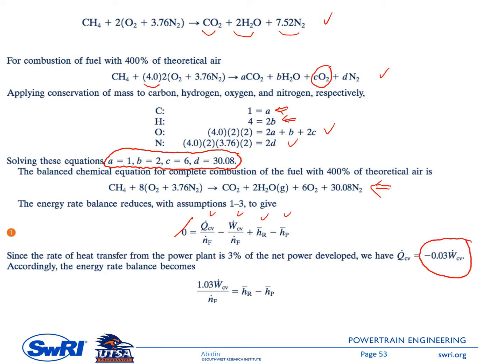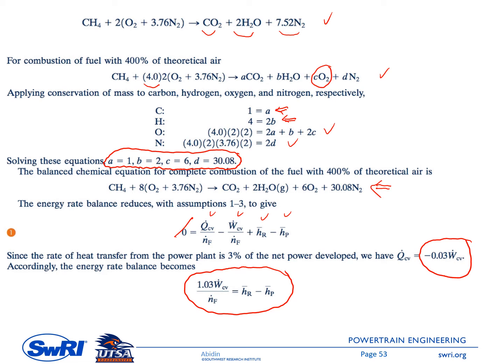So 0.03 W.CV. This is negative because the heat transfer is out of the system. So we get this energy balance equation. On the left side, we only have W.CV over the fuel flow parameter.